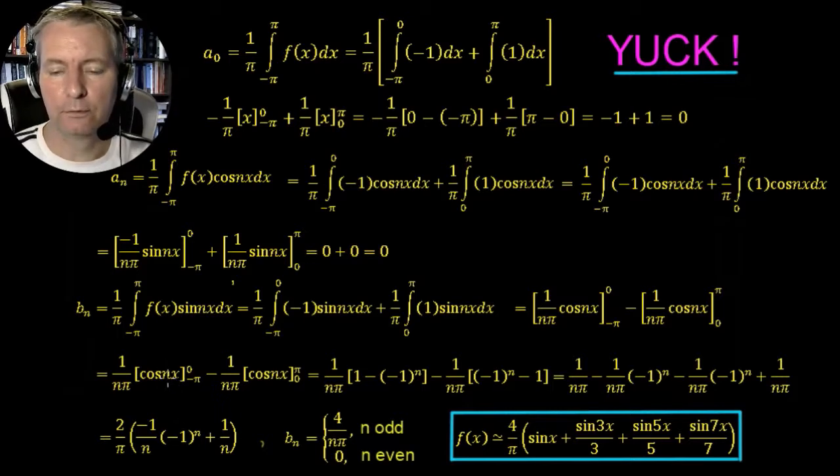When n equals 2, that would be minus 2 pi, so the cos of minus 2 pi is plus 1. And for n equals 3, the cos of minus 3 pi is going to be minus 1 again. So it's going to change from plus 1 to minus 1 to plus to minus, so it's going to be equal to minus 1 to the power of n.